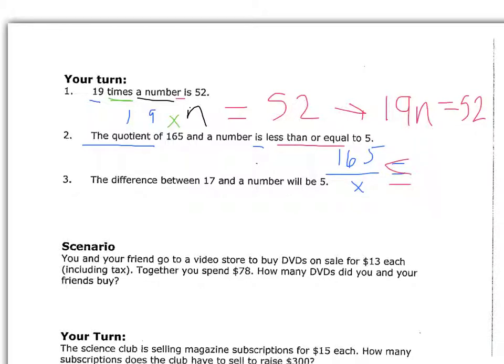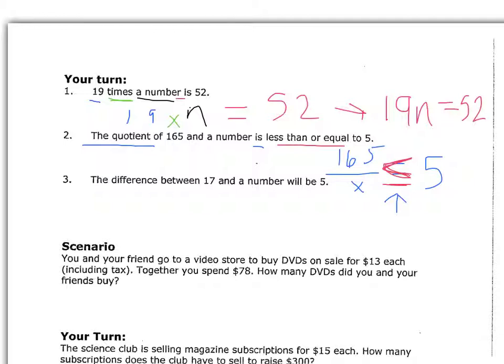Is less than or equal to 5. "Is less than or equal to" refers to a less than or equal to sign, so that's why we put that there and not the equal sign. My mistake.